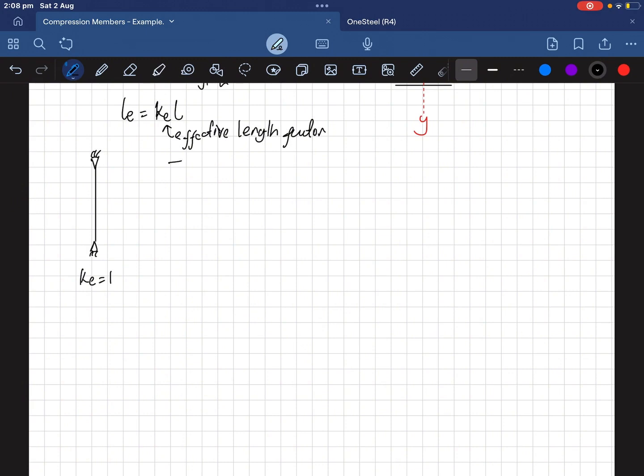If you have a column with fixed ends, meaning your translations are fixed and your rotations are also fixed in all the directions, KE equals 0.7. If one end is fixed and the other end is pinned, you're going to have KE equals 0.85.